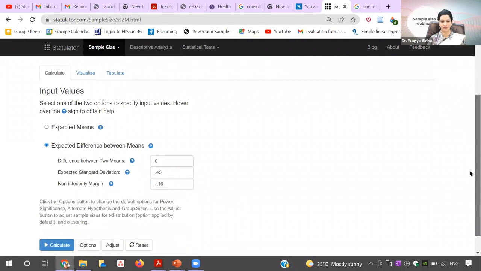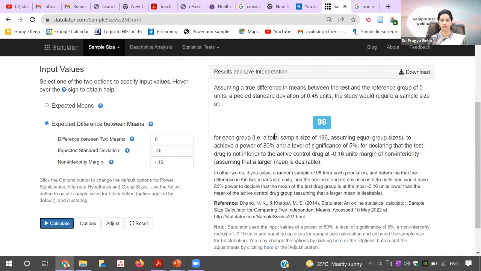Why? Because let me first calculate it. So it is 98. In this case, the outcome is a positive outcome. That means the luminal loss is less; you are preventing this much luminal loss. So if the outcome is positive, you set this margin as negative.